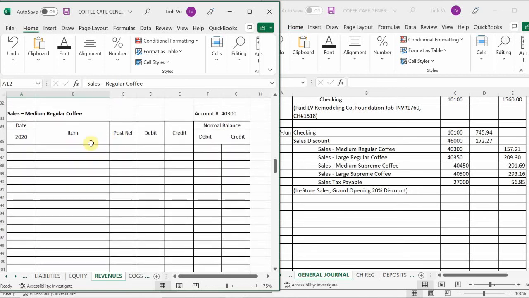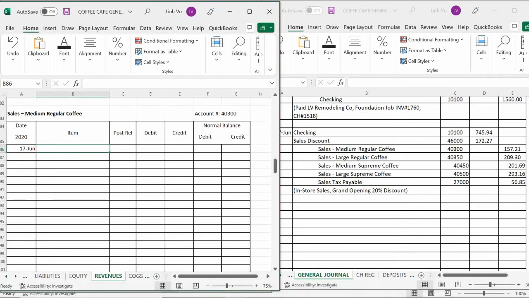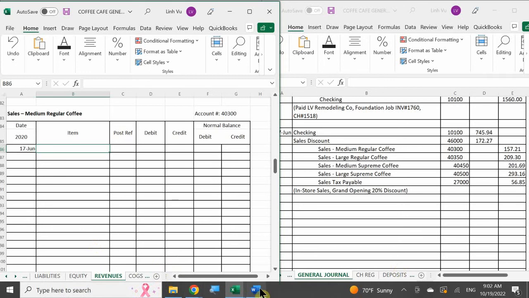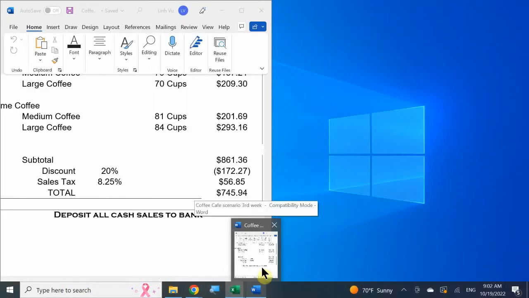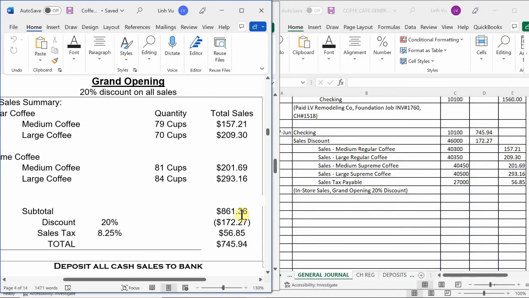How many cups of the medium regular coffee did we sell? We sold 79 cups.